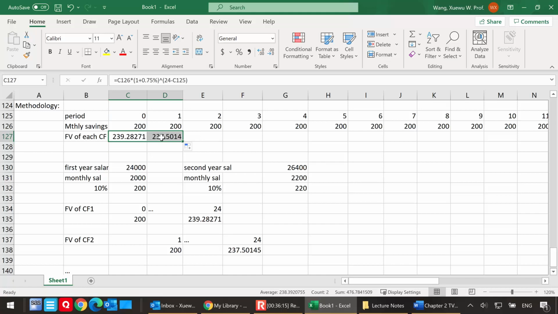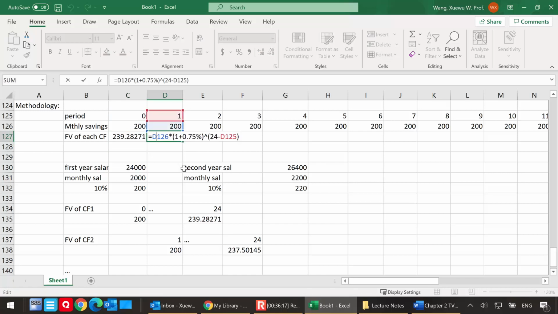All right, if you look at what Excel is doing here, the way we're using the Excel reference, Excel keeps track of the relative index of the cells, and this is what Excel does when you copy across. Okay, so look at the C126. It's going to become D126 when you copy across to the next cell.